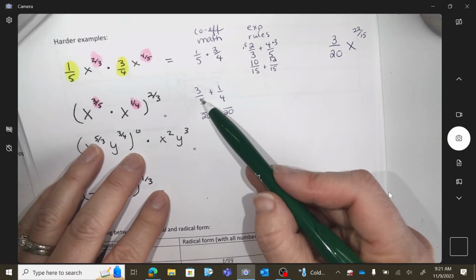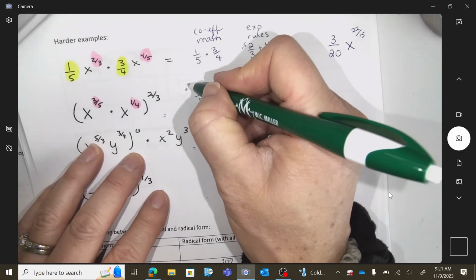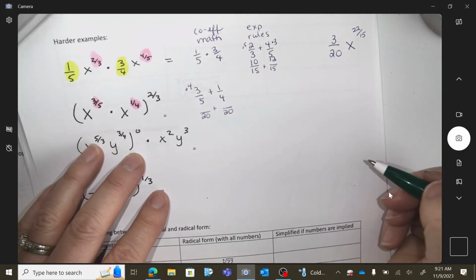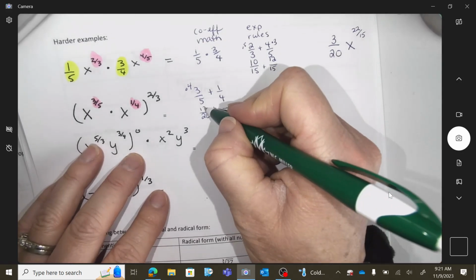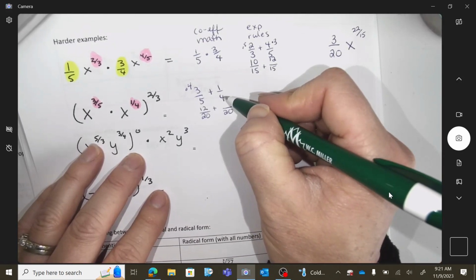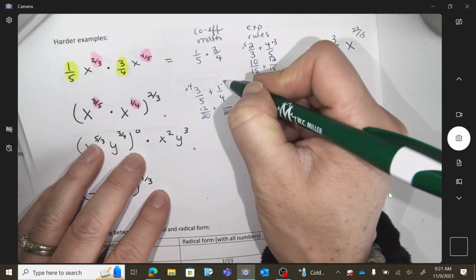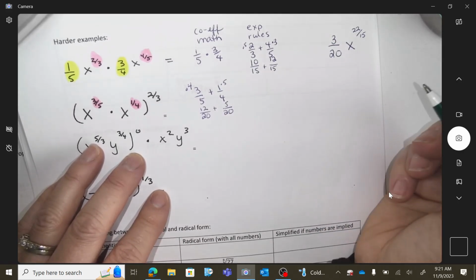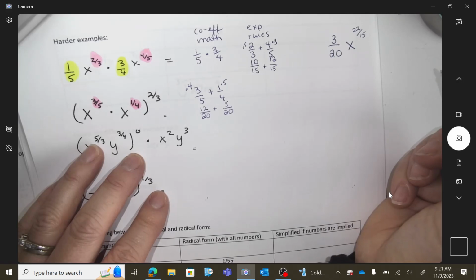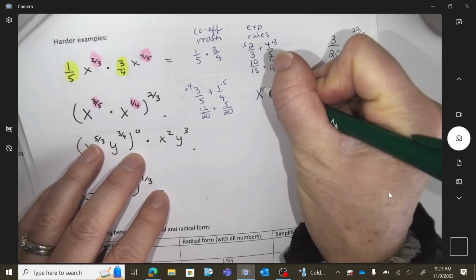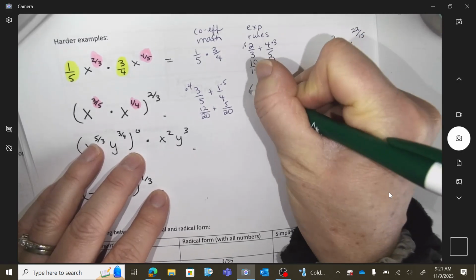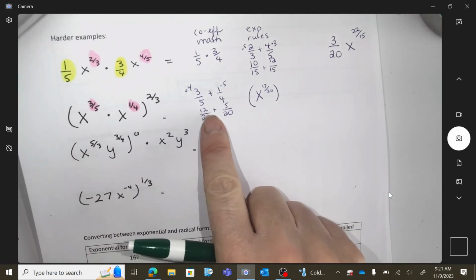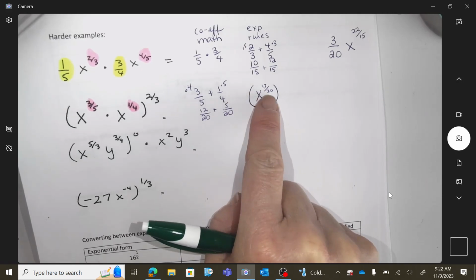So I made the 5 a 20, so I would have to multiply by 4. Turning the 4 into a 20, I'm going to be multiplying by 5. So 12 plus 5, that's where I got 17/20.